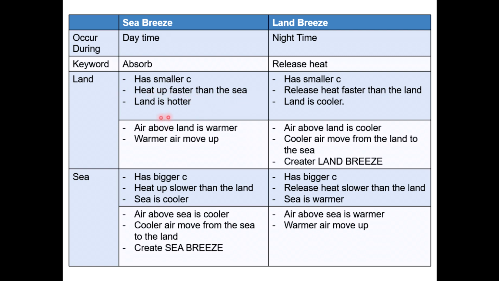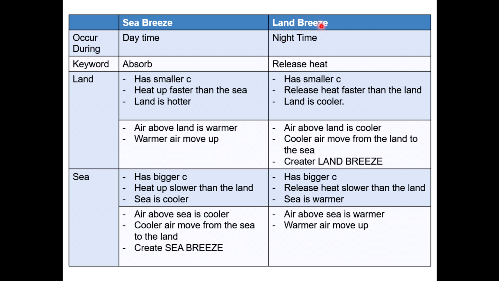So the land will be hotter, and the air above the land is warmer, so the warm air will move up. As for the sea, it has bigger specific heat capacity, so it will heat up slower during daytime. Then the sea will be cooler, the air above the sea is cooler, so the cool air moves from the sea to the land. We call that sea breeze.